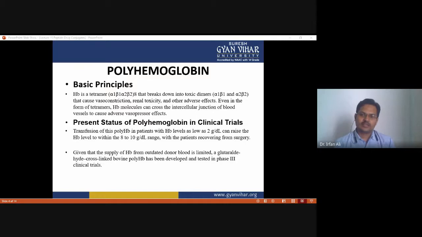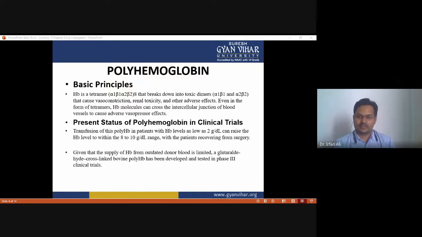Some researchers have infused up to 10 liters of polyhemoglobin into an individual trauma surgery patient. In the United States, this product has been approved for compassionate use in patients, and it is awaiting a regulatory decision for routine clinical use.